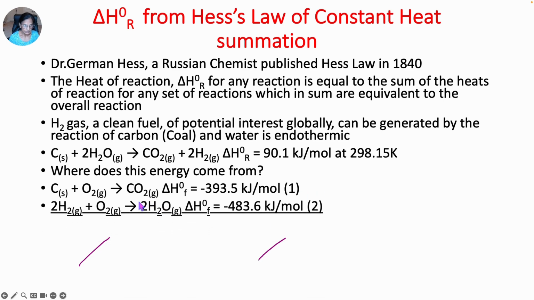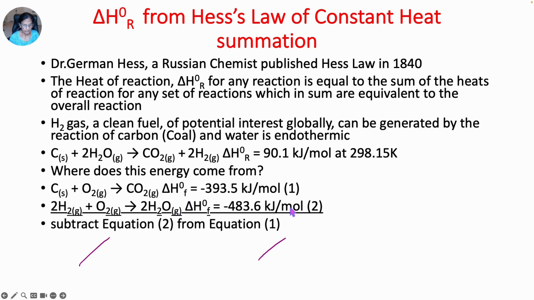Now equation 2 is 2H2 gas plus oxygen gas giving 2H2O gas. This one, 2H2O gas, we are getting from oxygen and hydrogen. Delta H0F for this is minus 483.6 kilojoules per mole. So we are making use of these two equations, and we are trying to see if we can get this equation. Now subtracting equation 2 from equation 1.